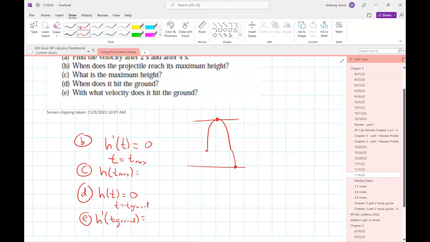If I want velocity 0, that's the derivative, right? So it's just like making sure you're really reading carefully and going, oh, if it's asking about heights, I need to use the original. Unless it's like one of those extreme value pieces where it's like, when is it at the maximum or minimum?